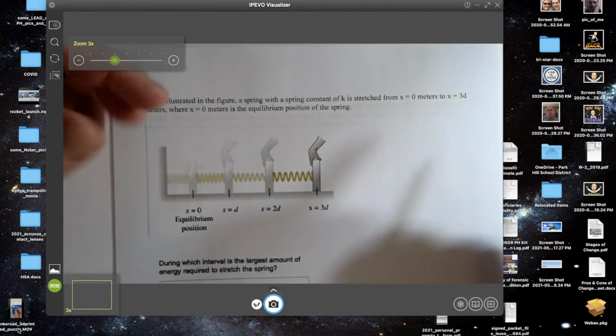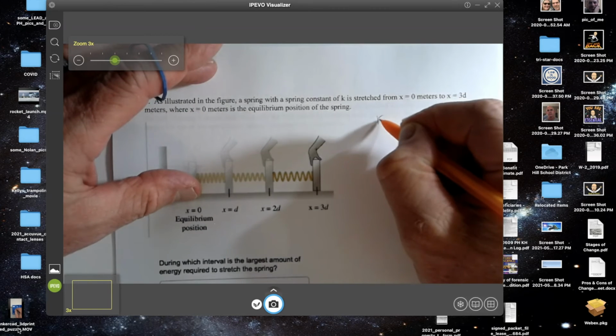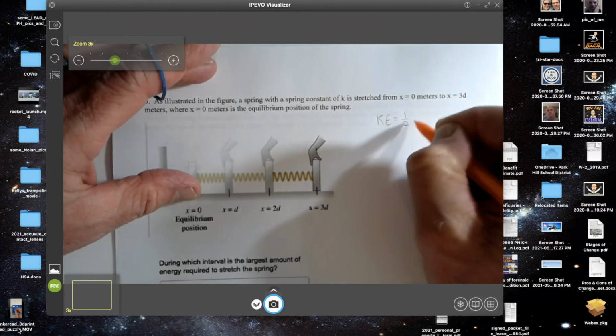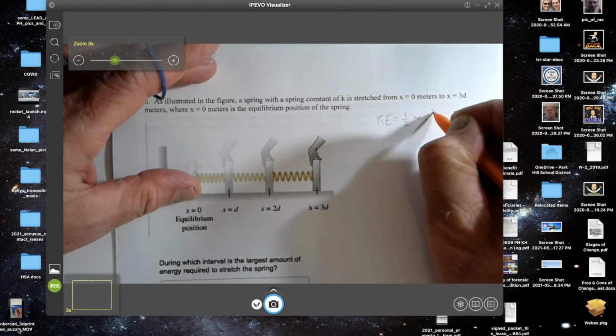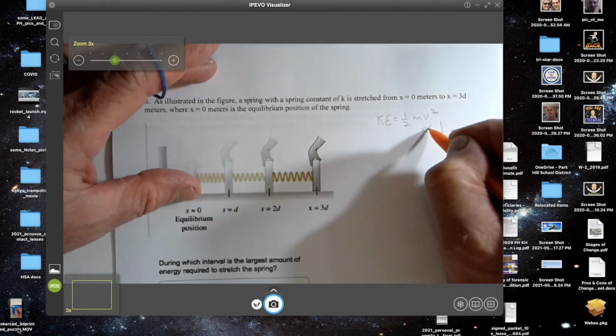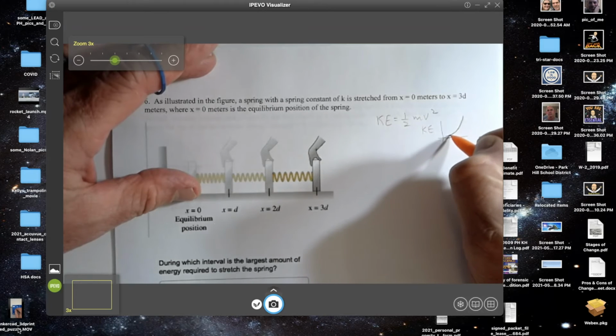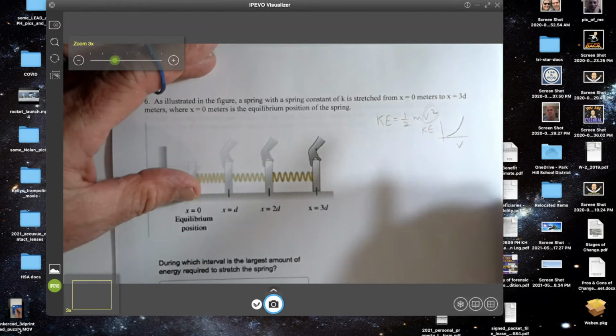Now, kinetic energy is 1/2 mv squared. So if we were to graph the kinetic energy of an object against its velocity, we would have a parabolic relationship because of the v squared.